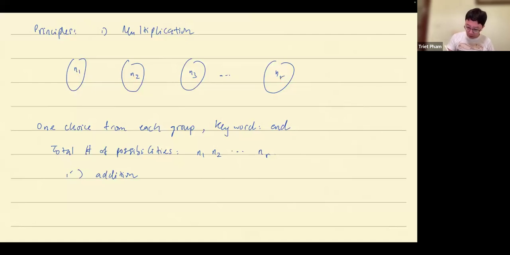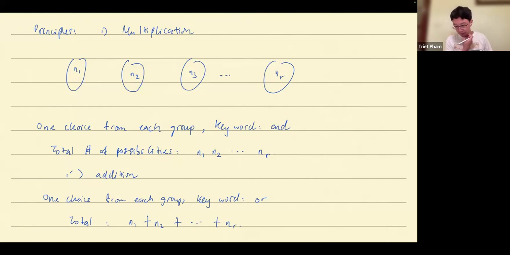The keyword is "or." Then the total number is n1 plus n2, etc., plus nr. Is that okay?